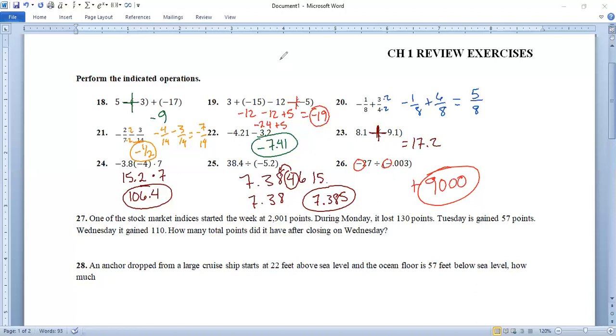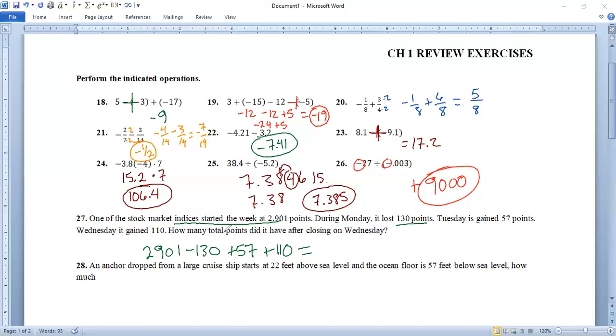All right. Number 27, one of the stock market indices started the week at 2,901. And then it lost 130 points. That's minus 130. Tuesday, it gained 57. So that's a plus 57. And then Wednesday, it gained another 110. How many points did it have after closing on Wednesday?